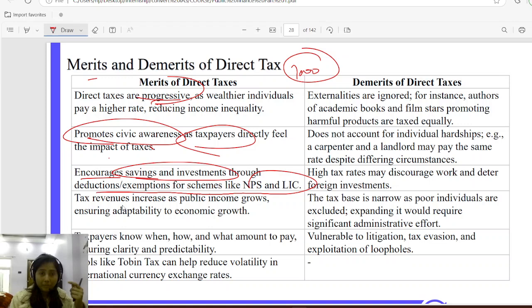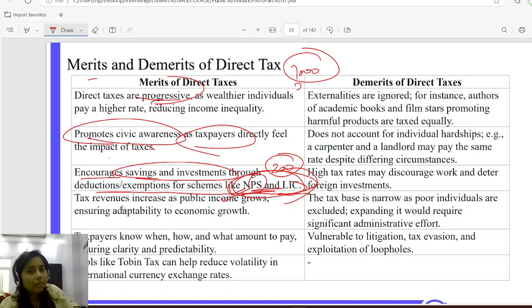Okay, but still I'll be getting charged on it. Why? Because the government wants me to increase my investment in the national pension scheme or LIC kind of scheme or insurance related activities. So they are giving exemption on these things. If you are investing the amount in NPS or LIC, suppose you have invested 200 in these things, then you will be charged tax only on 800. Okay, so there is a list of different kinds of investment options.